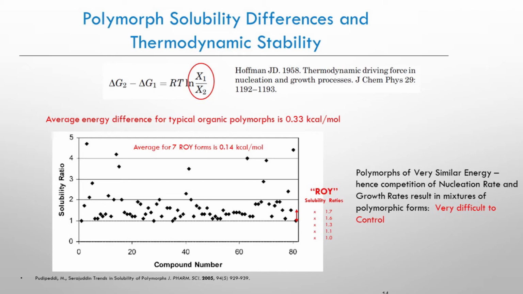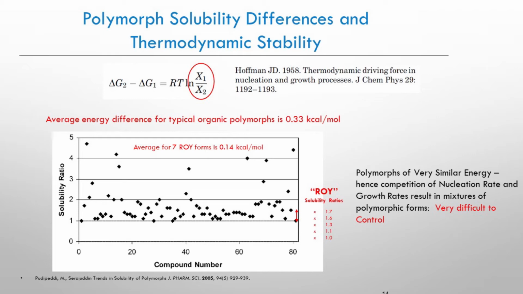It's actually activities here, but you can use solubilities to the first approximation. And so I could take the free energy differences from the Roy system based on Leanne's data, and then calculate what that solubility ratio would be, and then compare it to the average polymorphic system.